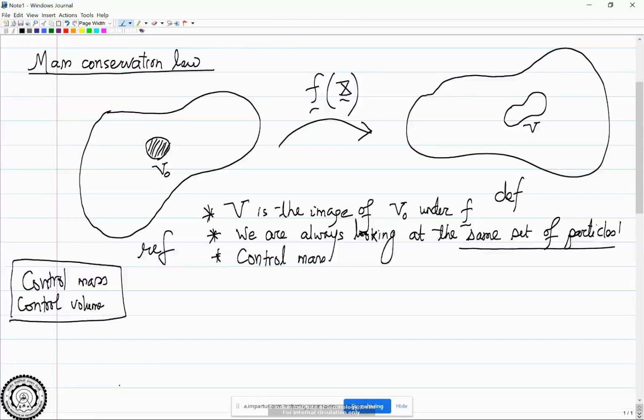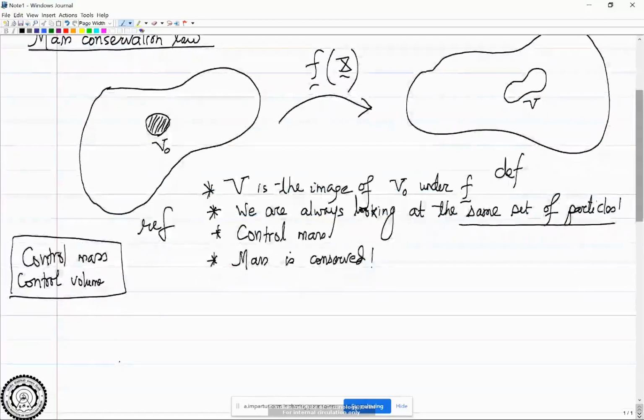All right. So what can you say? Is there something which is conserved for this control mass? Mass will be conserved. Yes, mass is conserved, that is true. So in physics, you can say that mass is conserved. Now let us see, can we use this to derive some equation?